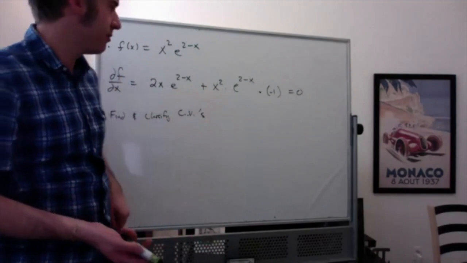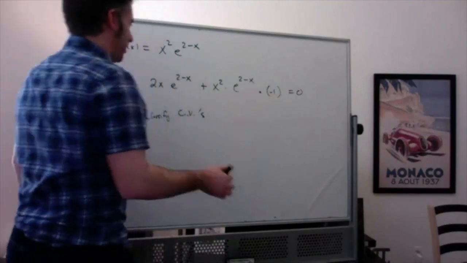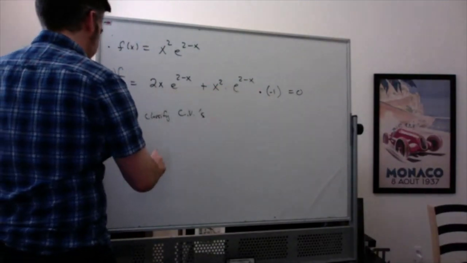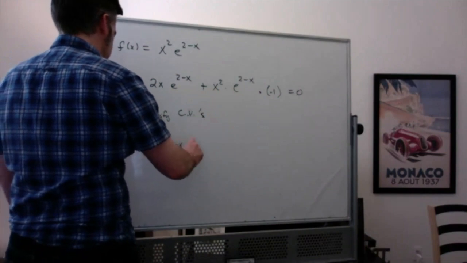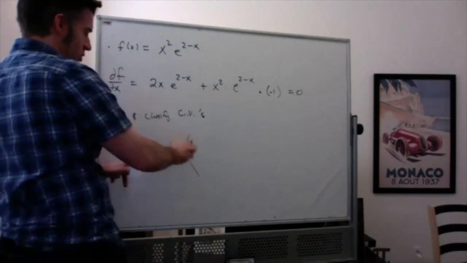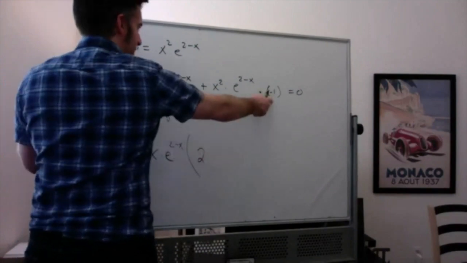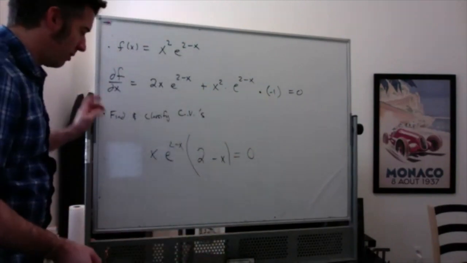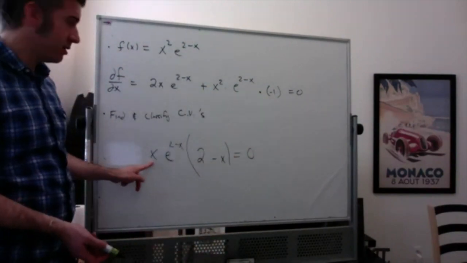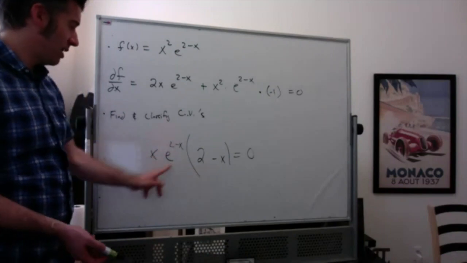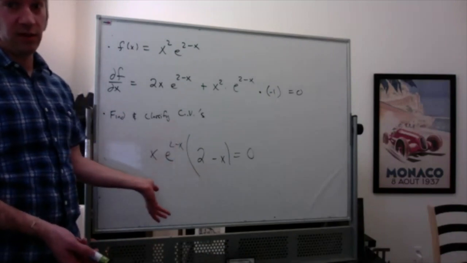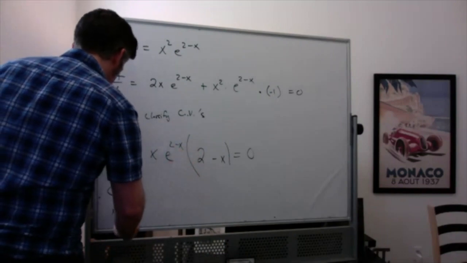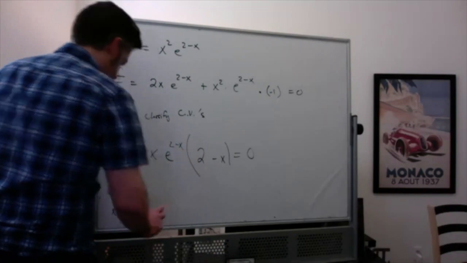To solve this equal to 0, I'm going to factor out an x times e to the 2 minus x. Here I'm left with a 2. Here I'm left with a minus 1 times an x. So my critical values are 0 from this part and positive 2 from this part. E to the whatever is never equal to 0, so it's not going to give me another critical value. So my critical values here are x equal to 0 and x equal to 2.